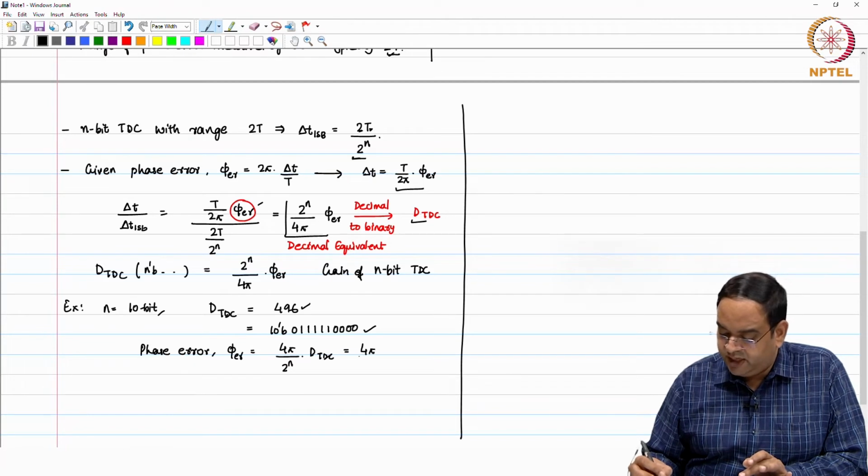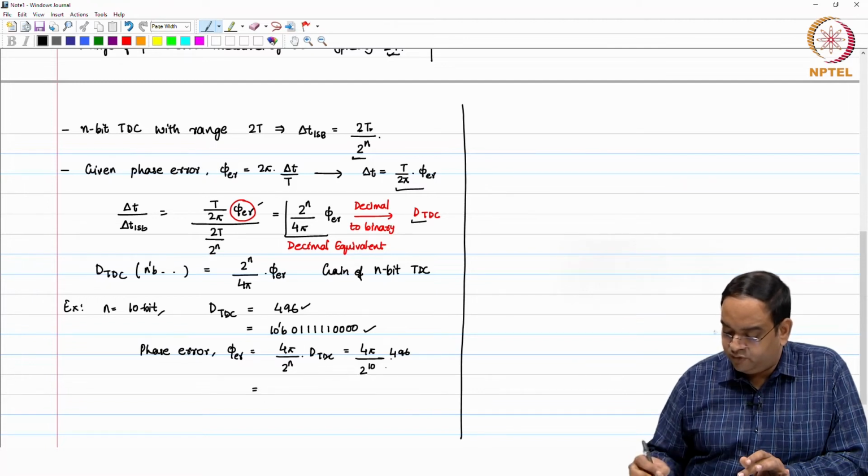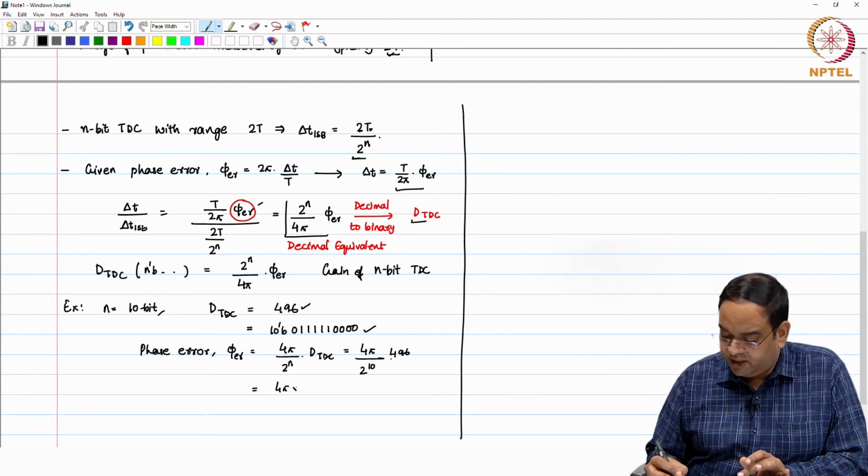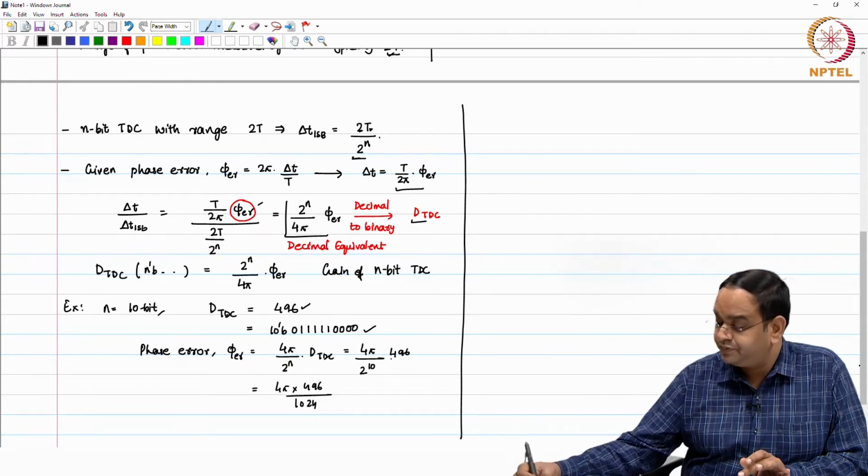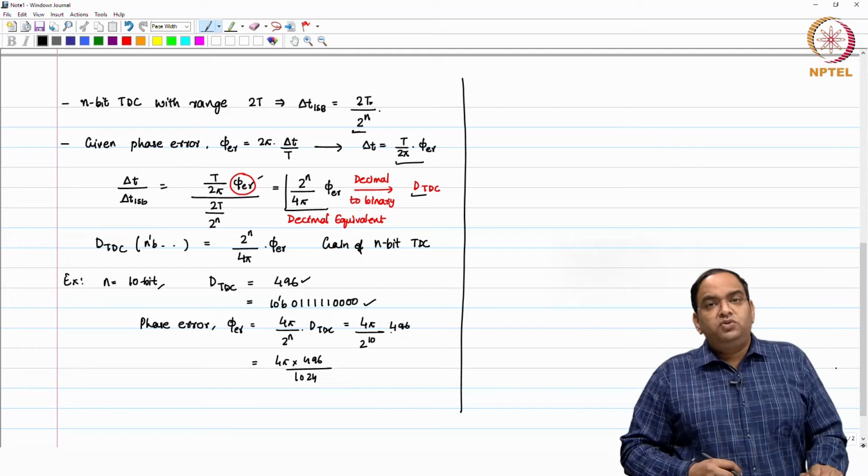So it is 4 pi divided by 2 power 10 times 496, which is 4 pi times 496 by 1024. This is the phase error which you see.